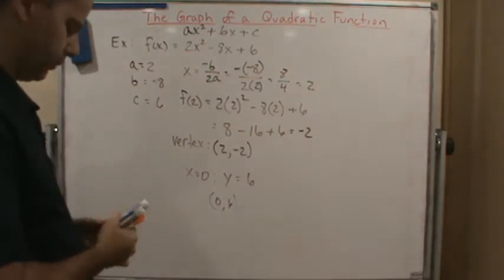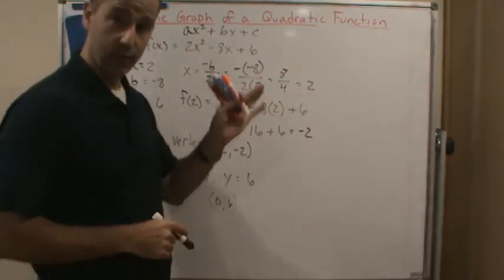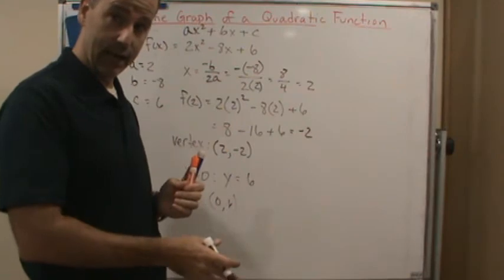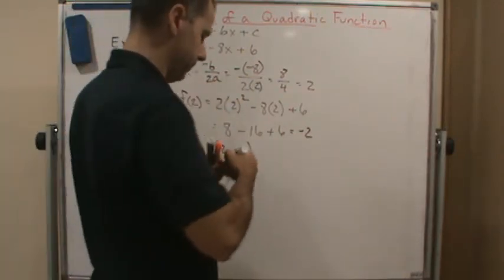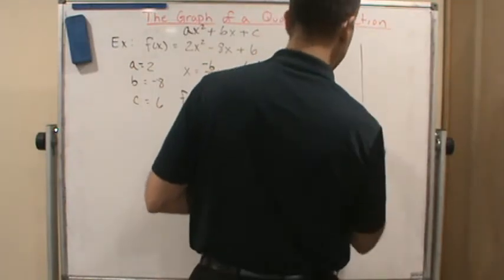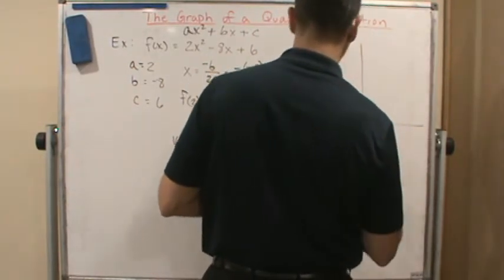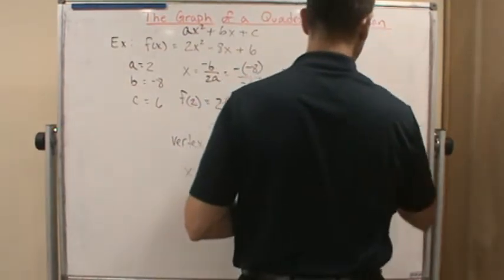For example, we know that the vertex is on the line that basically cuts the graph in half, right? So if we graph this again, let me set this up better.